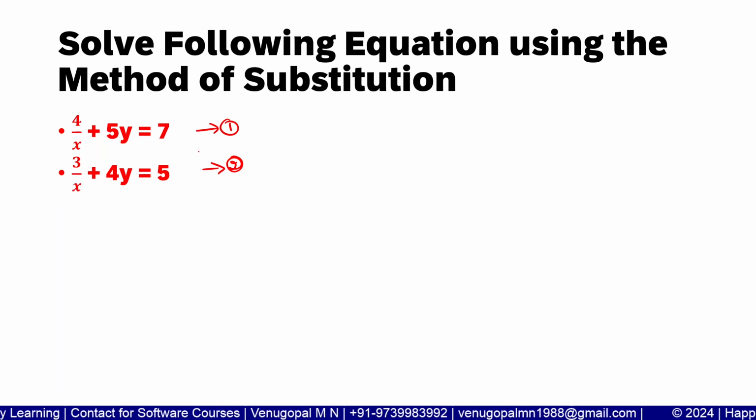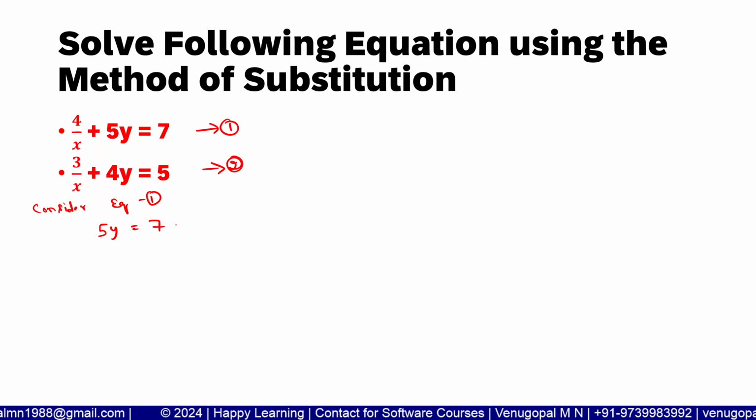Okay, so now substituting the value of y. Let us take equation 1. From equation 1, let us find out the value of y. So 5y is equal to 7 minus 4 by x, correct?